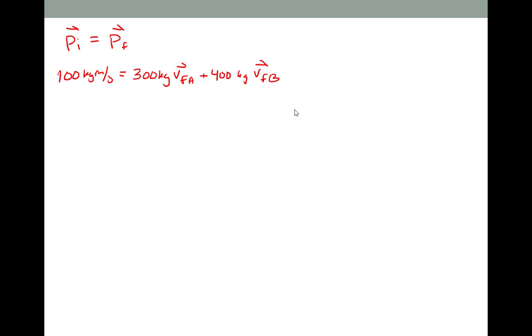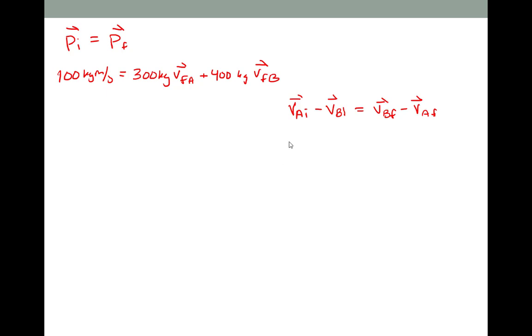For that second equation, I'm going to pull in the one I just derived. So VA initial minus VB initial equals VB final minus VA final.